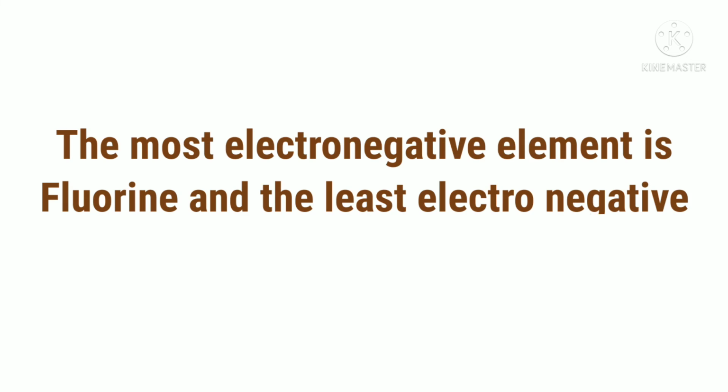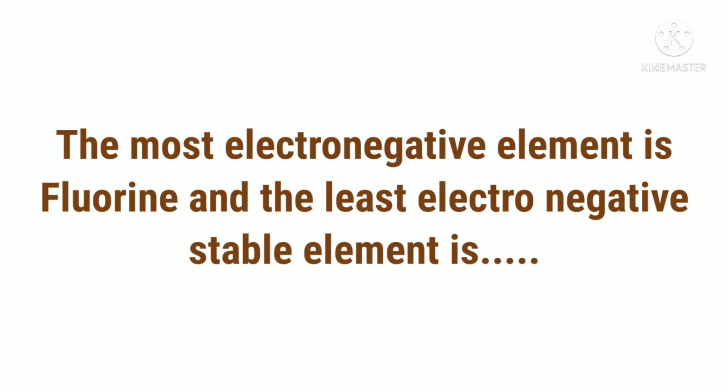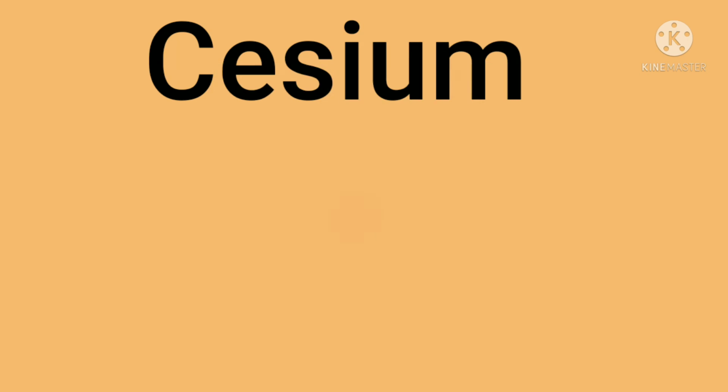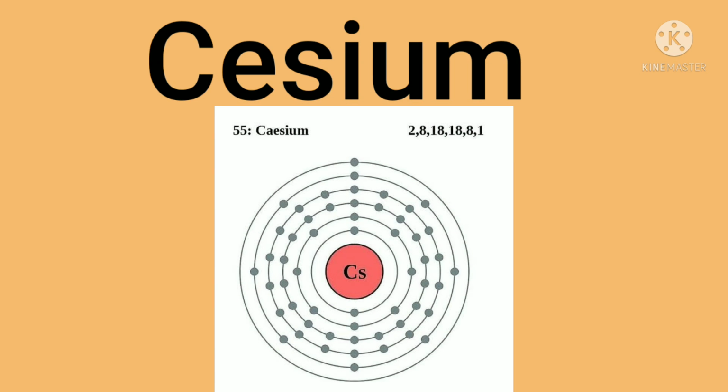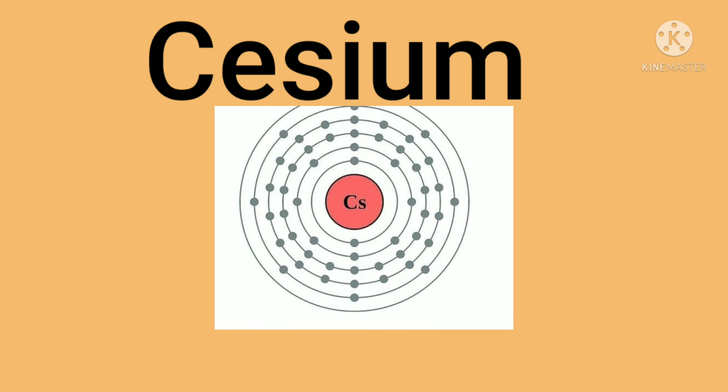The most electronegative element is fluorine and the least electronegative or more positive, stable element is cesium. We know radioactive element is francium. It is a stable element.